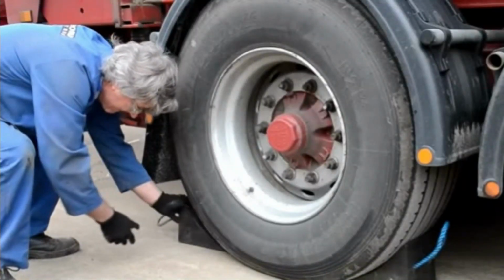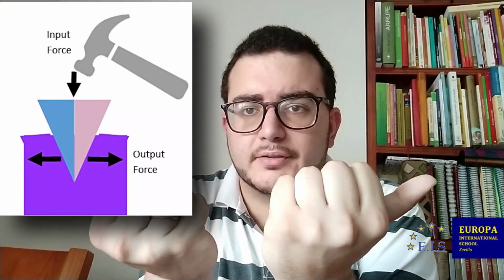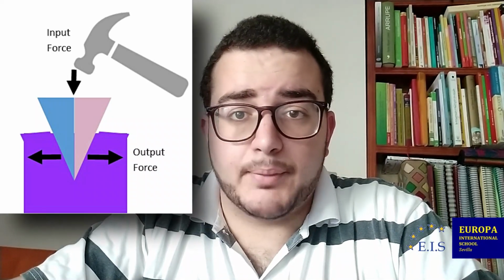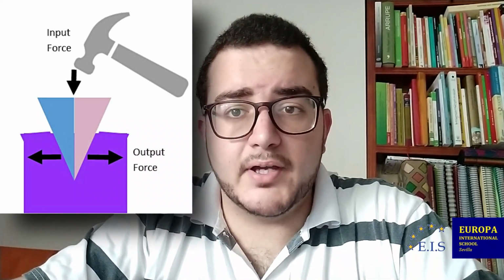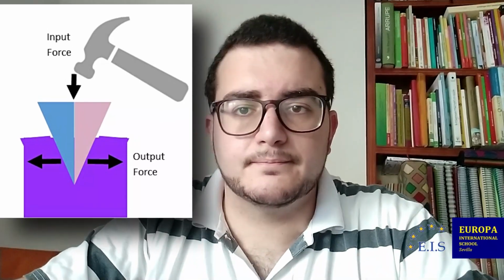It can be also used to push two objects apart. The wedge transforms the applied force into two opposite diverging resultant forces perpendicular to the applied force. A smaller force applied to the back of the wedge is converted to a greater force in the small area at the tip of the wedge.